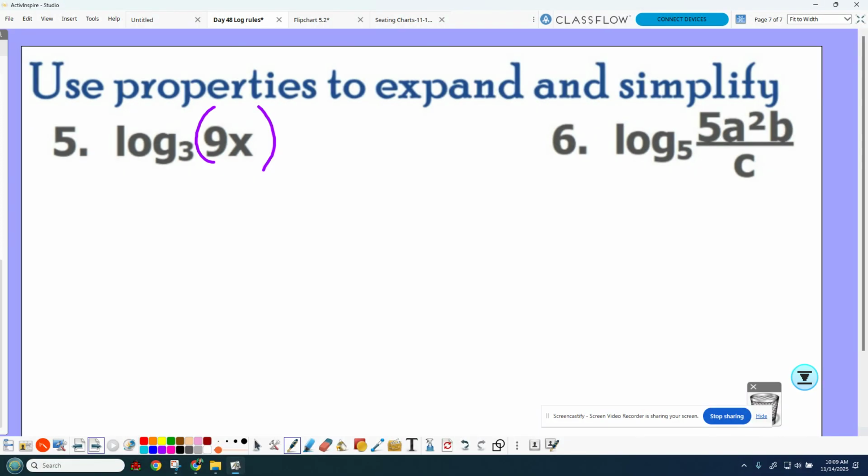Ella, multiplication inside becomes what operation when we pull it apart? Addition. How many things are being multiplied? The 9 and the x. So I'm gonna need 2 things to split it up.